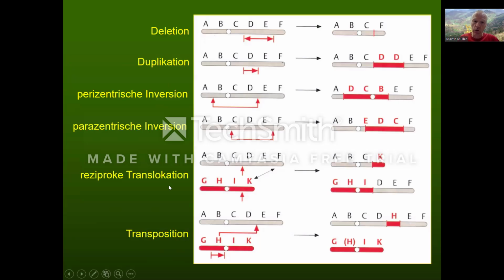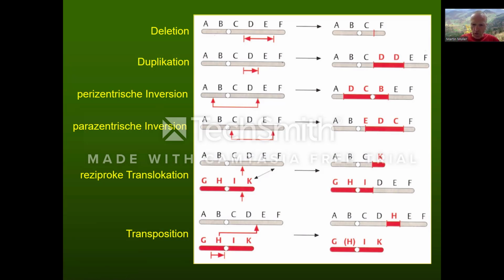Then there are translocations, where genetic material is exchanged between two non-homologous chromosomes. So in this case you have the red chromosome and the white chromosome, and after the translocation has occurred, you have now two mixed chromosomes consisting of white genetic material and red genetic material, or red genetic material and white genetic material.